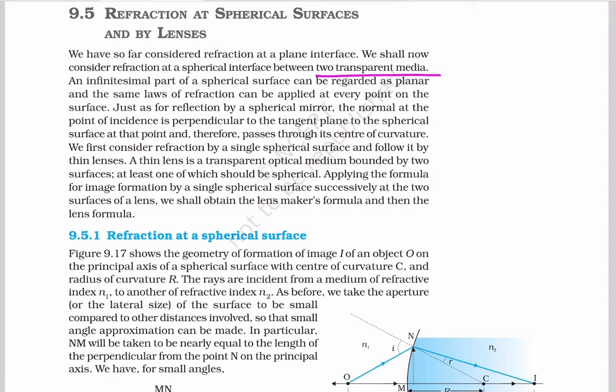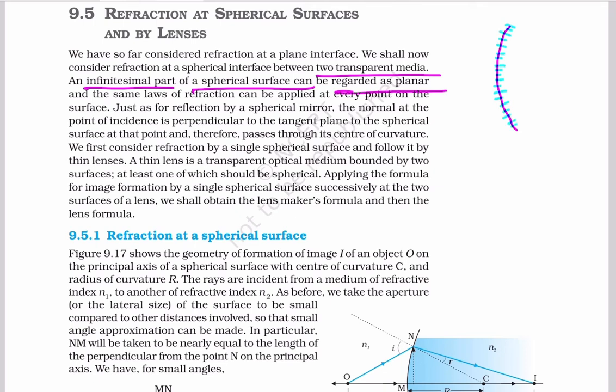Students, you know that an infinitesimal part of a spherical surface can be regarded as planar. That means if this is a spherical or curved surface, we can regard every small part of this surface as a planar surface for the laws of physics related to light to be applied.